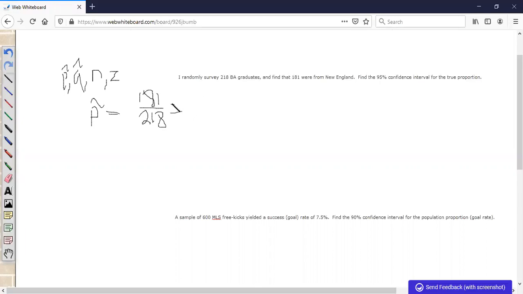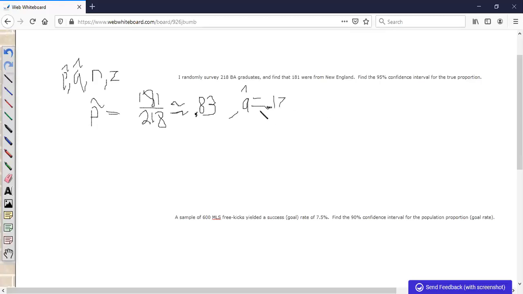So I'm going to make that approximately equal to, I calculated this ahead of time, 0.83. There are too many 8s here, and it's difficult to write with a mouse. So if p hat's 0.83, that means that q hat is 0.17.